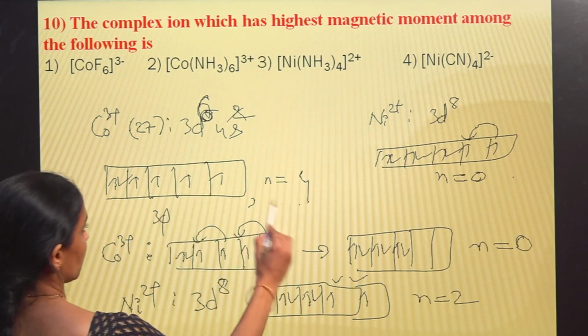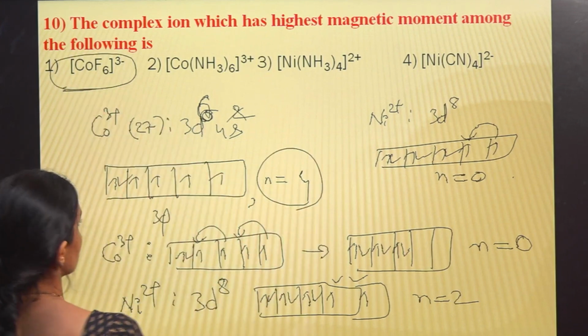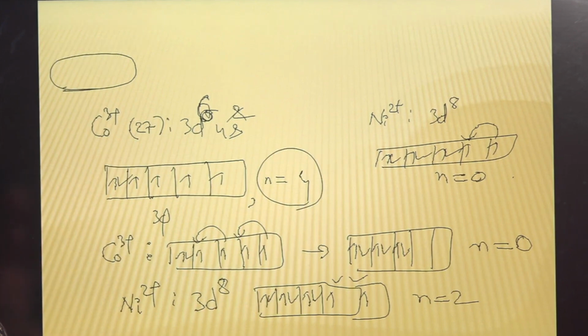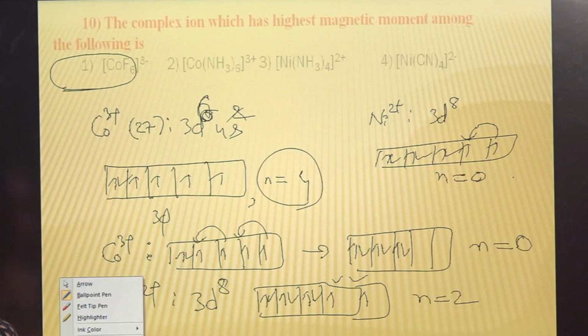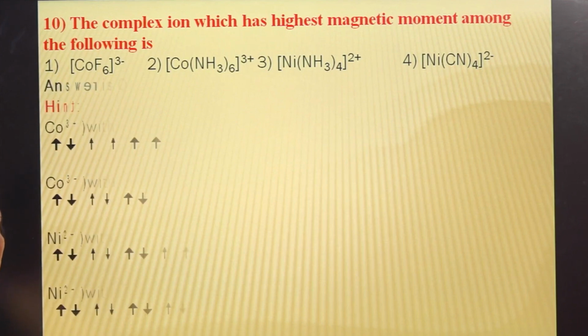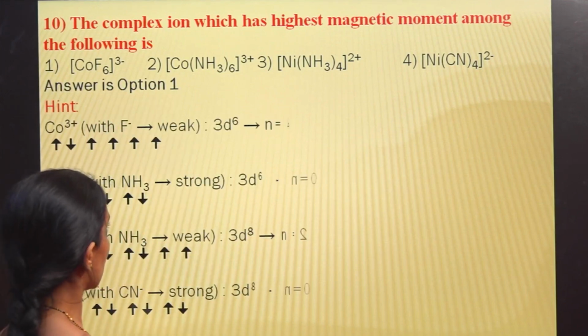So the highest unpaired electrons are in the very first complex, is it not? The very first complex has the highest unpaired electrons. That is why the first option itself becomes the right answer.